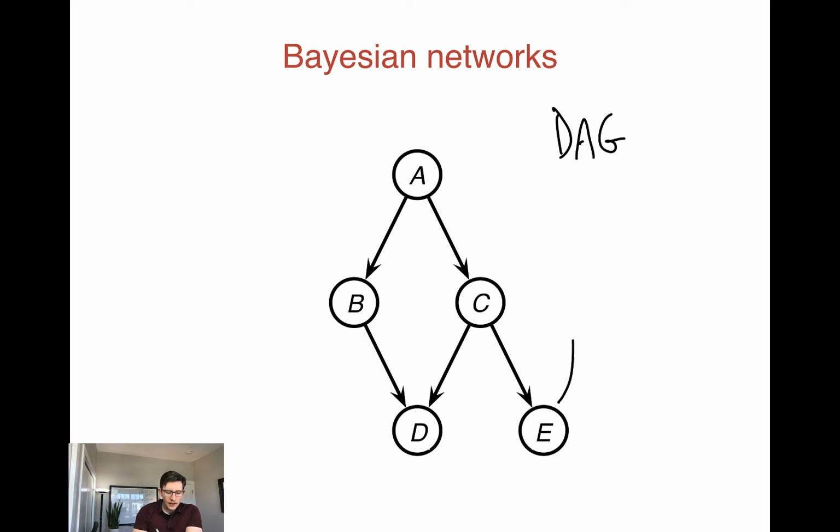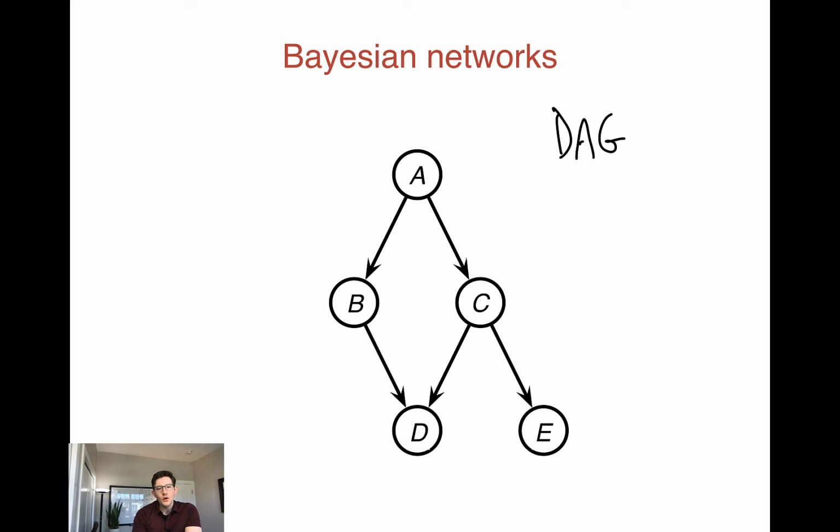That is, we couldn't have an edge from E to A, for example, because that would form a cycle A to C to E to A. Notice that there are, in some sense, loops formed by edges in an undirected sense, in the sense that we have edges among all these four nodes. Just note that there's no way to start at one variable or one node and follow directed edges in some way that would get us back to the one we started with. So in that sense, the graph must not have directed cycles.